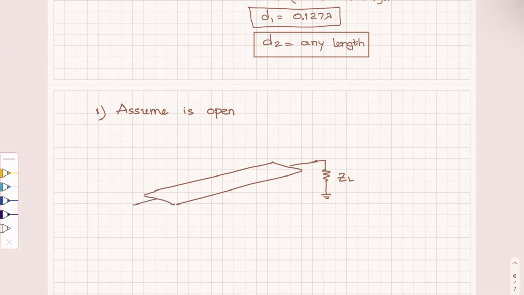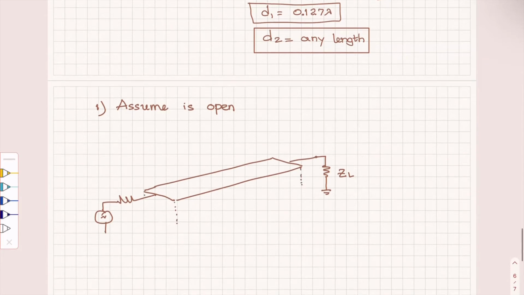And then this one connects with the source. Now the microstrip is printed on a substrate. Okay, and let's assume that this is the substrate, the ground.